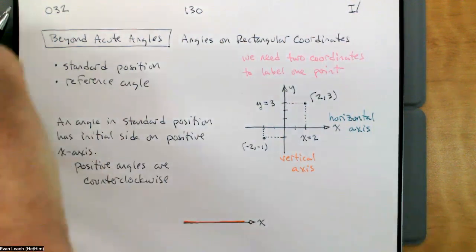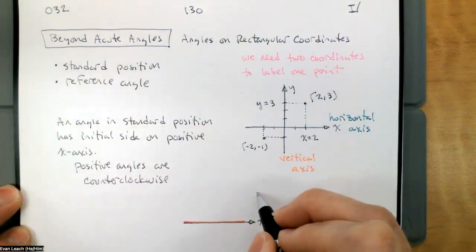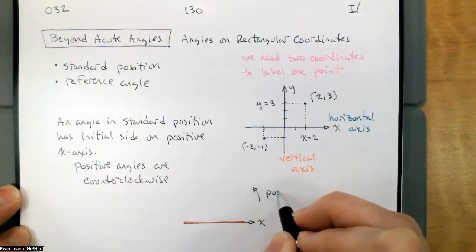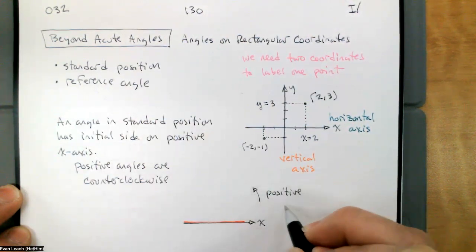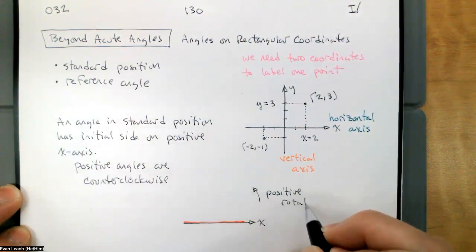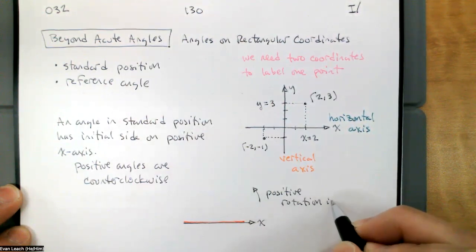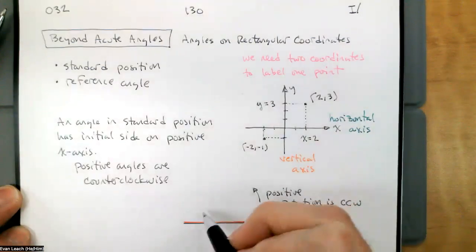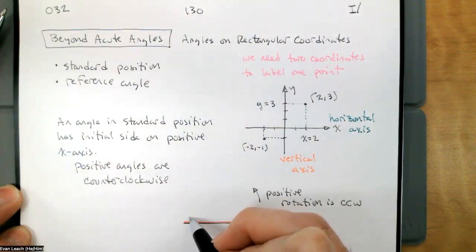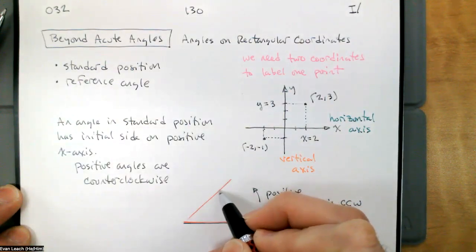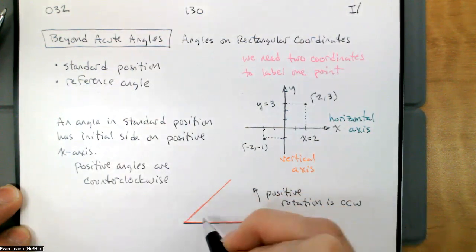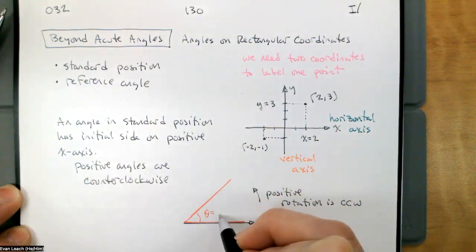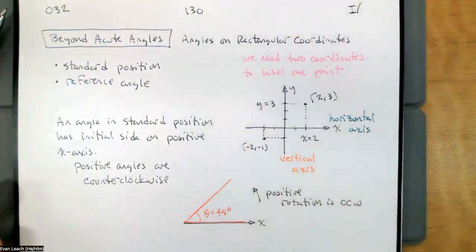The positive direction is counterclockwise. So there's a positive 45-degree angle.